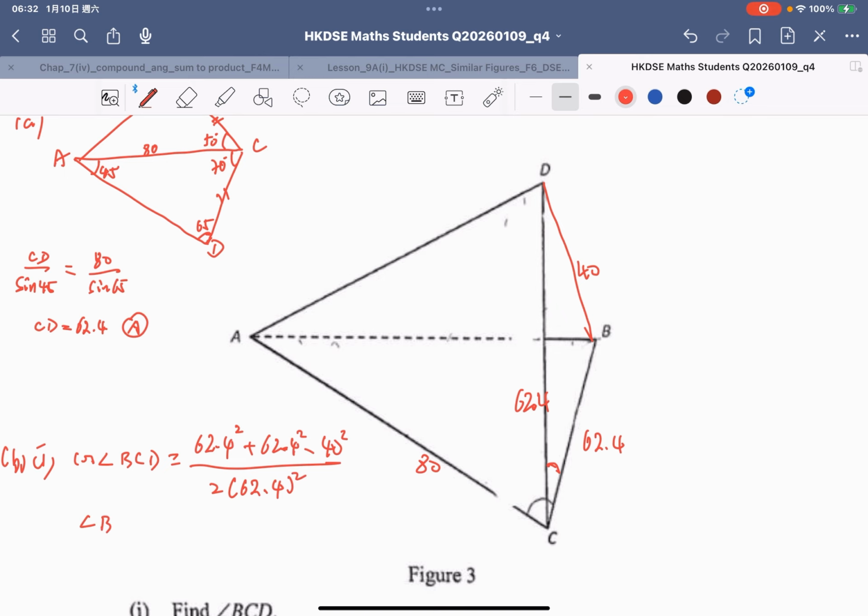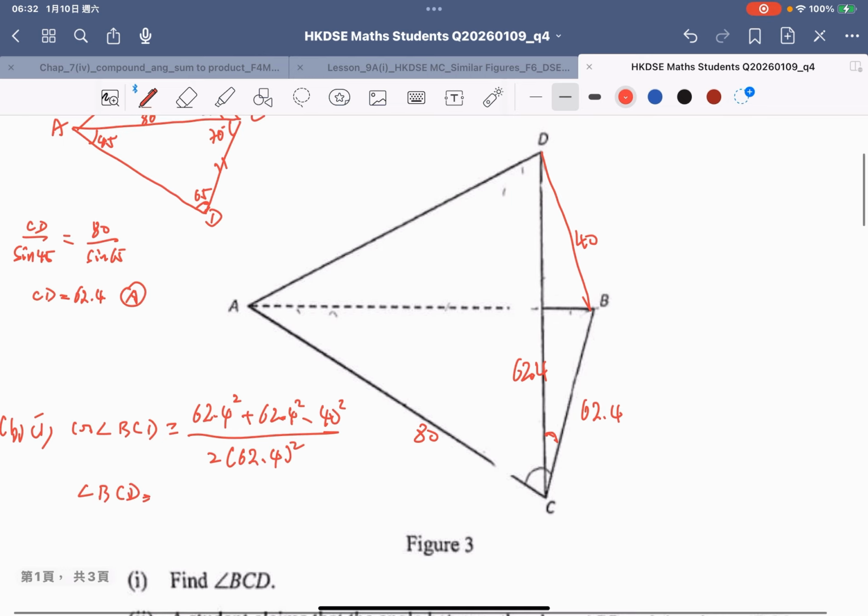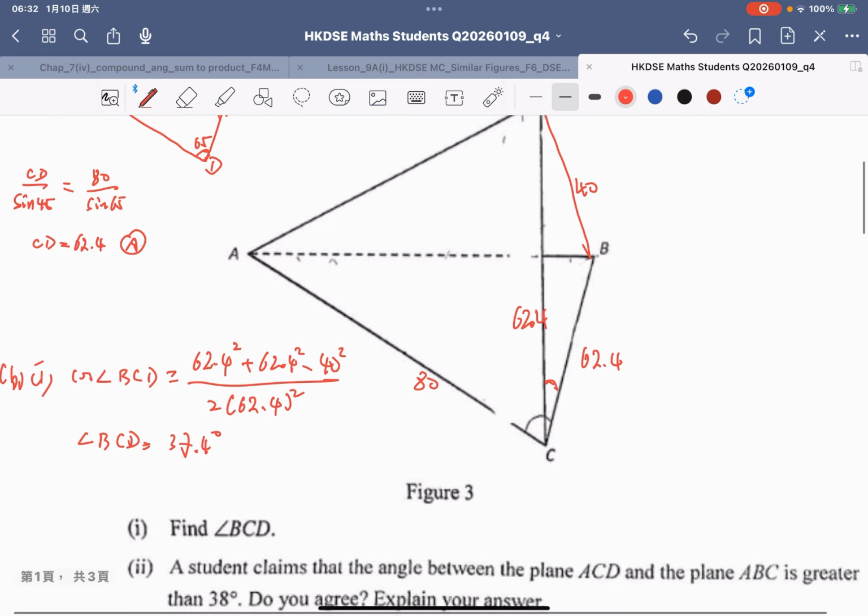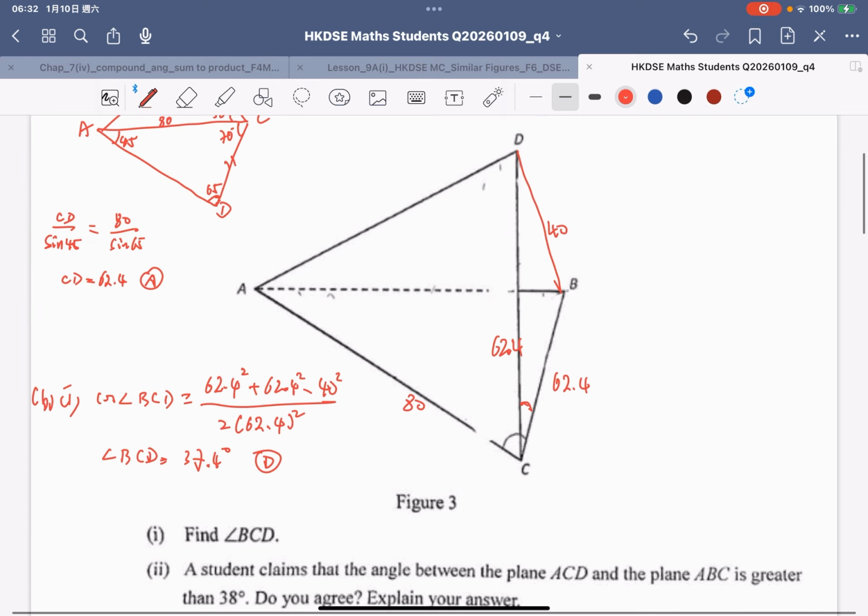Then angle BCD, that's just by calculator, is 37.4 degrees. And I store this into D. Store. Okay.